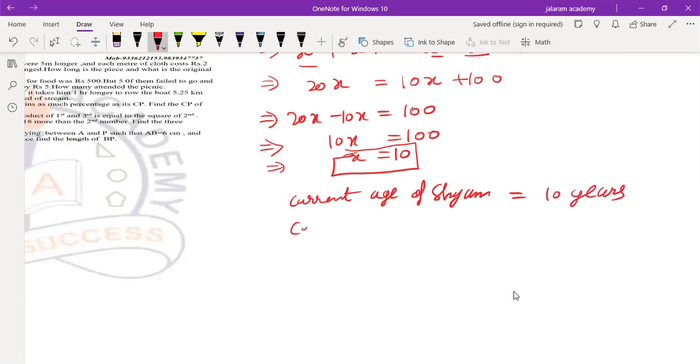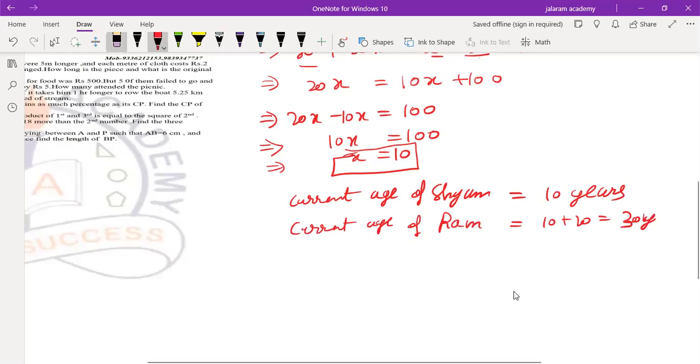And we have to find the current age of Ram also, who is 20 years older than Shyam. So 10 plus 20, it will be 30 years. So this is the answer.